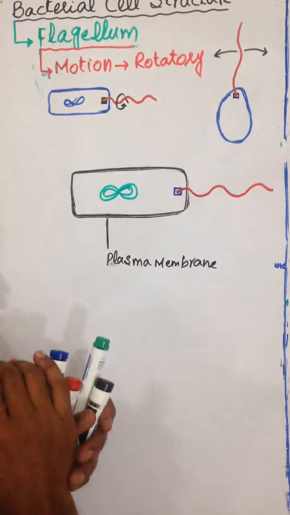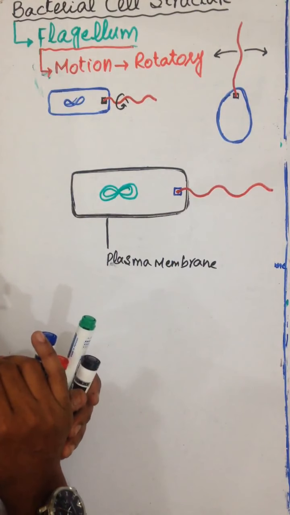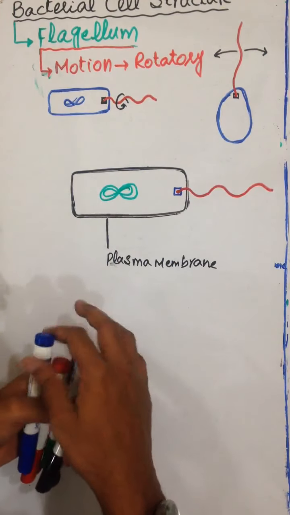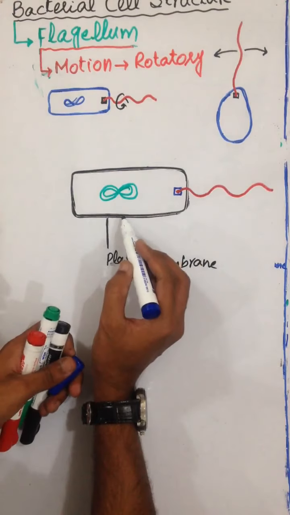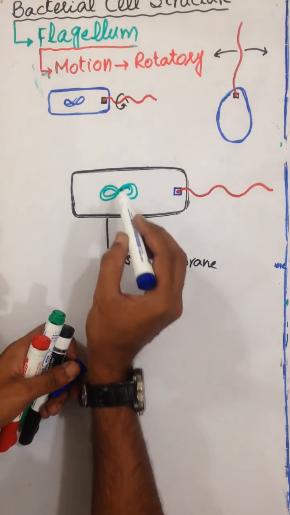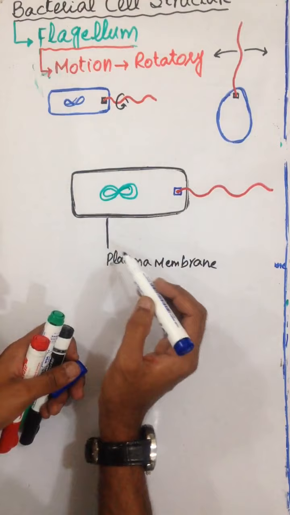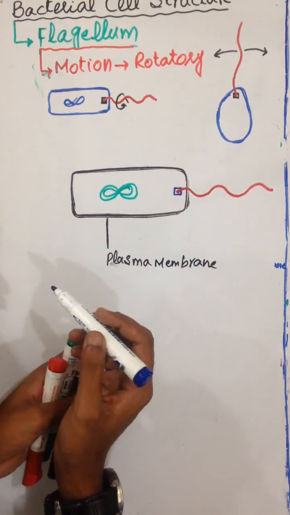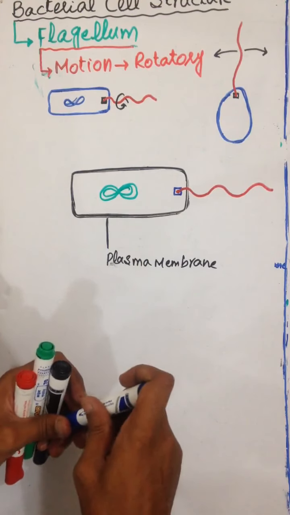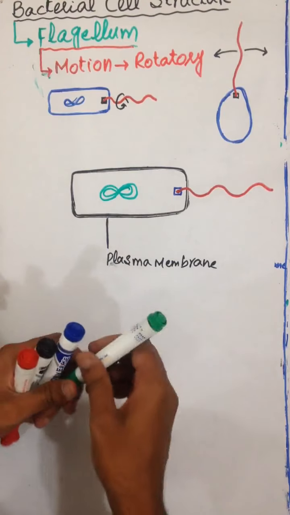Everything within the plasma membrane is collectively known as protoplasm, and in the case of bacteria, the plasma membrane and everything within it is collectively called the protoplast. I think you are well aware of these terms from your previous classes.